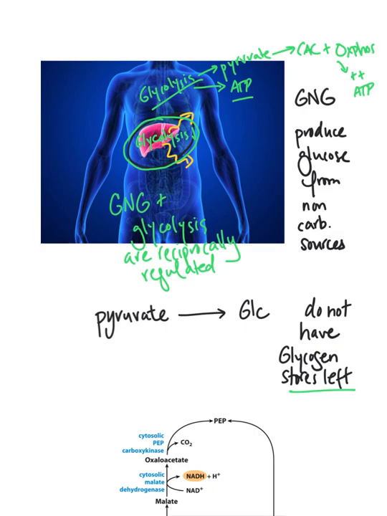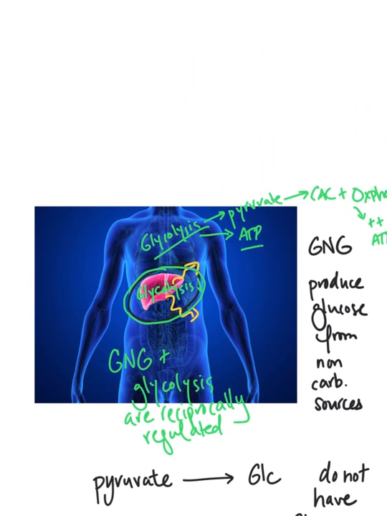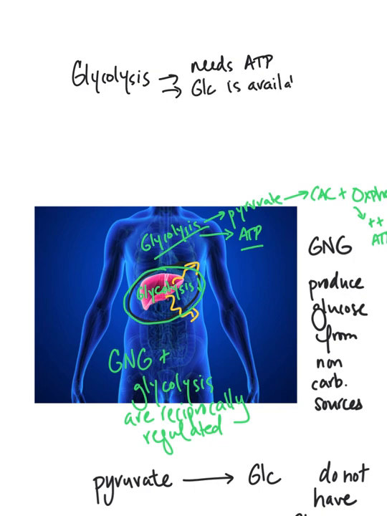So to summarize this concept of why you do which pathway, glycolysis happens when a cell needs ATP. And glycolysis can happen when glucose is available. I should say for glycolysis, all eukaryotic cells.